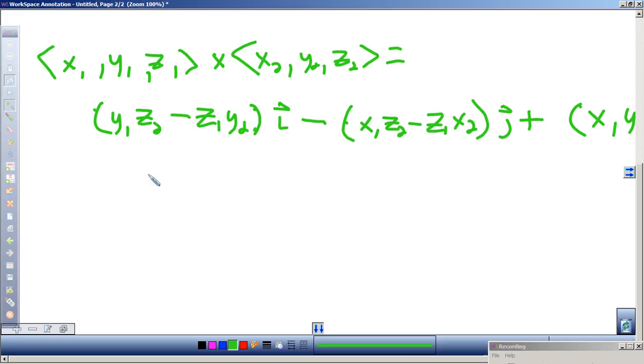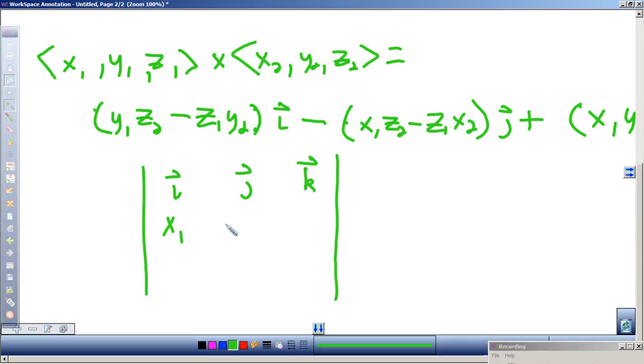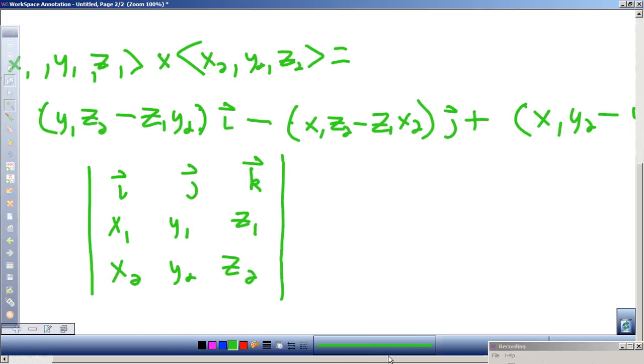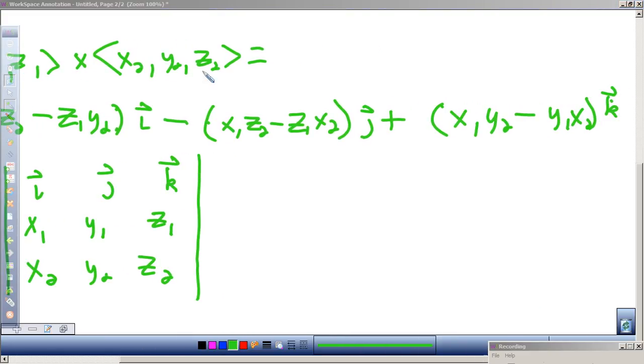So this is the same as the determinant. I, j, k are my vectors across the top, the first row of my matrix. Then x1, y1, z1, and x2, y2, z2. So this right here is the same as taking the determinant of this matrix.